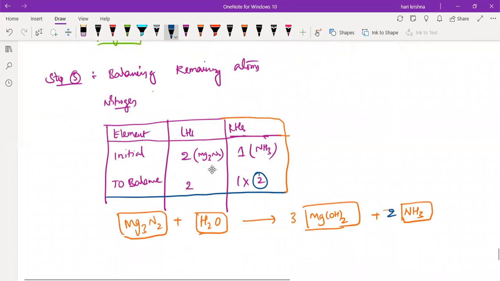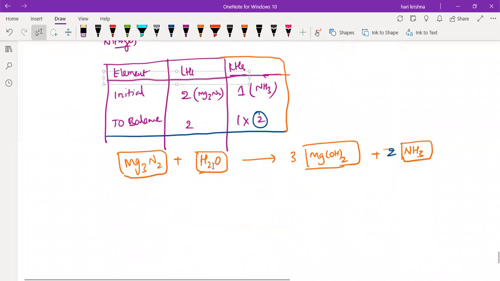Next, what will you balance? Oxygen. Check whether oxygen is balanced or not. No, sir. On LHS it is 1 and on RHS it is 2. Okay, so we'll balance the oxygen.